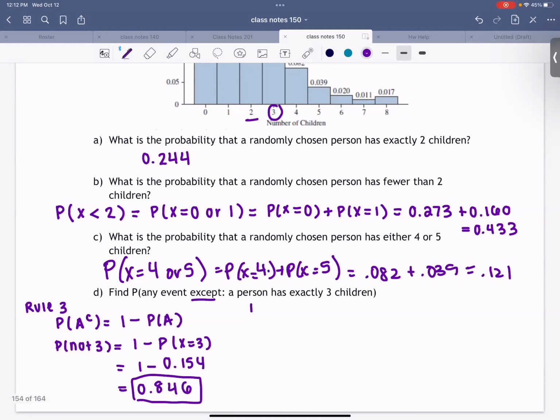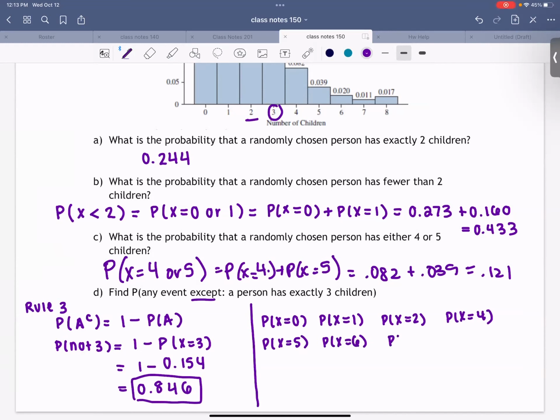Okay, so Jules had a different way of getting the answer. Jules took the probability of 0, the probability of 1, probability of 2, not the probability of 3, because we don't want 3, but the probability of 4, probability of 5, probability of 6, probability of 7, and the probability of 8, right?